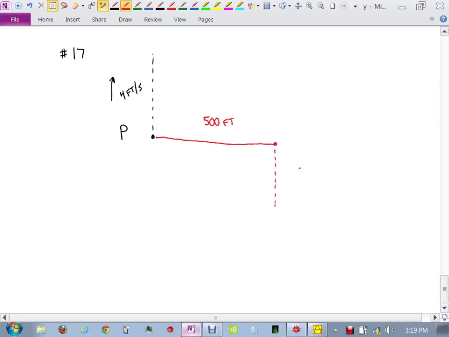No, she's 5 feet per second, sorry. She's going down like this. At what rate are the people moving apart 15 minutes after the woman starts walking?